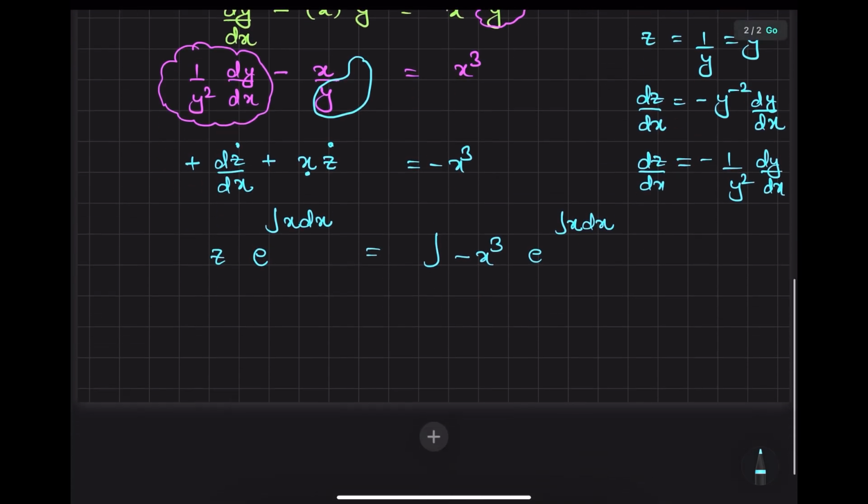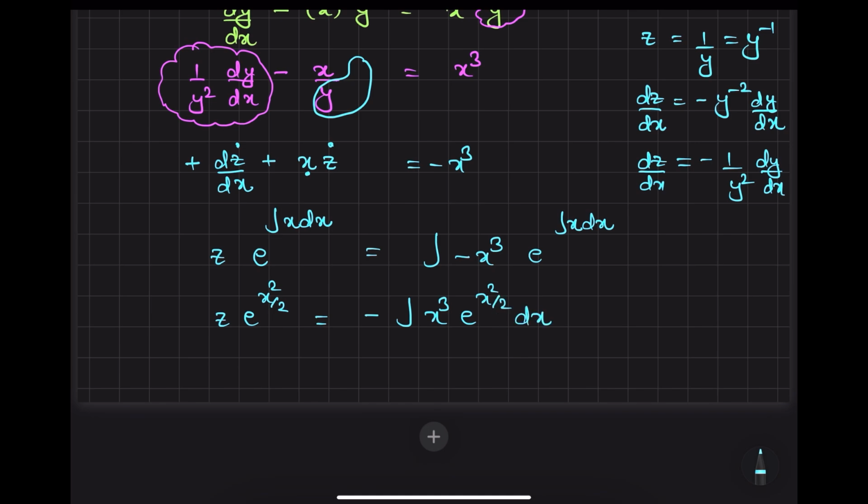Okay, now do this integration, so z e power x square by 2. Okay, then we have minus integration x cube e power x square by 2 dx.